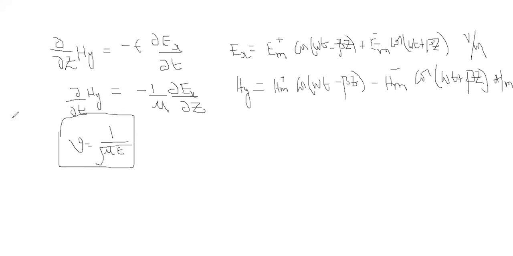Okay. So using this equation, dou by dou z of Hy is equal to minus epsilon naught into dou Ex by dou t. You can substitute this in the first equation.